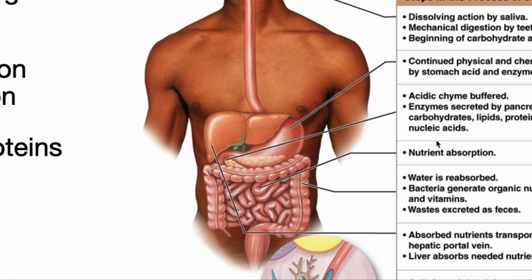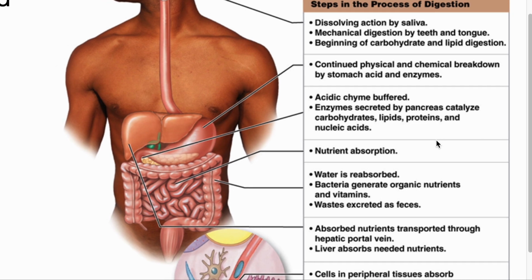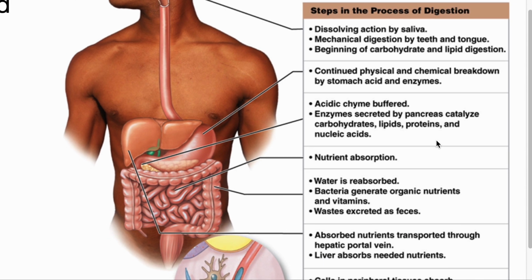So real quick, let's just remind ourselves of some things that we should probably already know. But this is a good introduction and a review, whichever way it works for you. So let's just remind ourselves that in the mouth, we are going to have food.